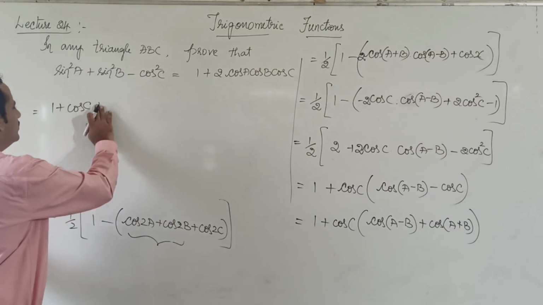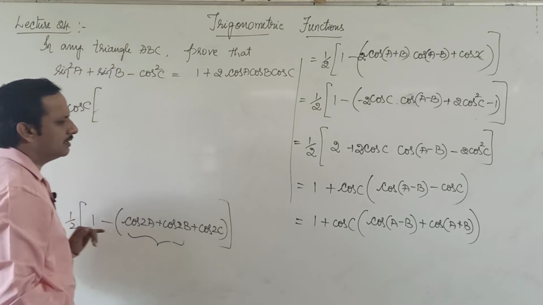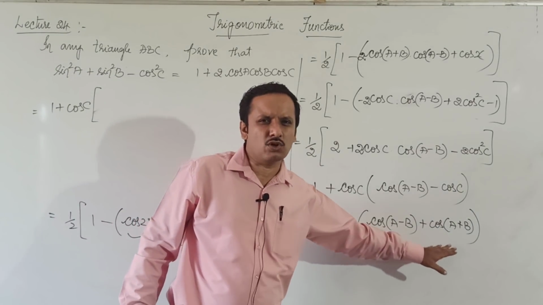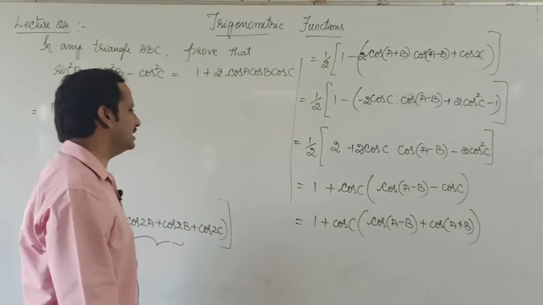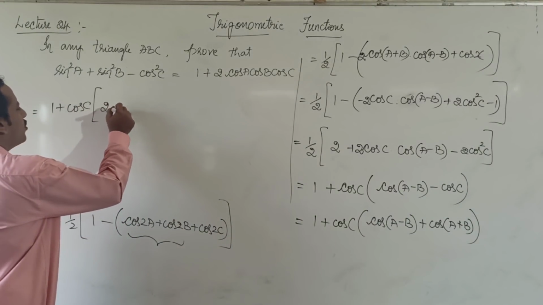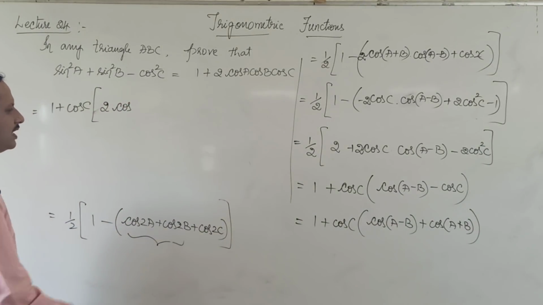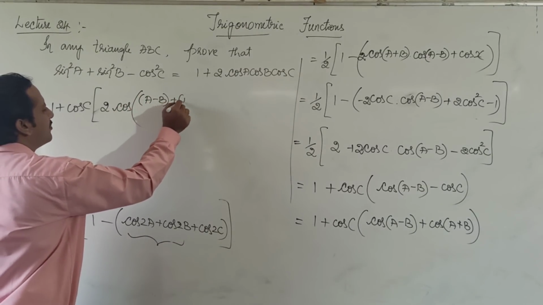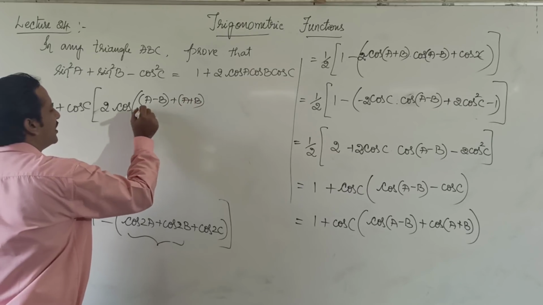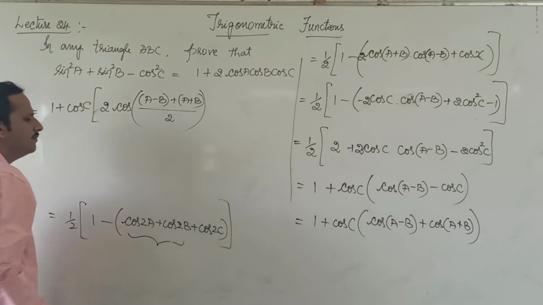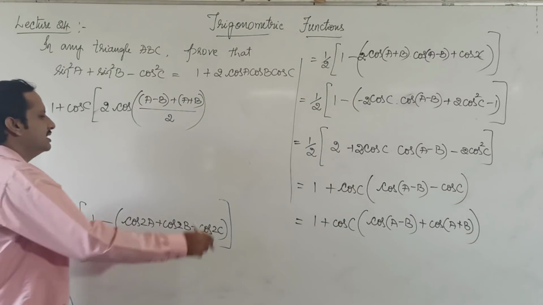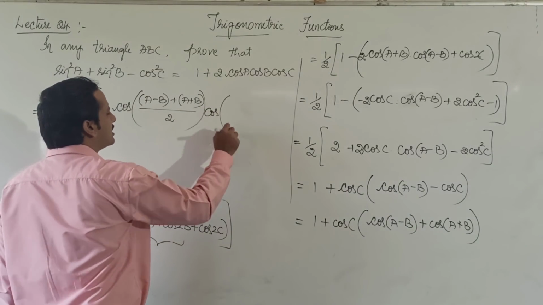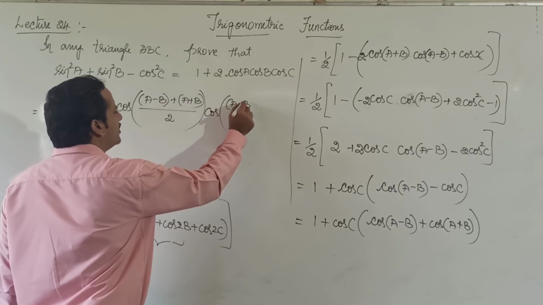Into, this is of the form cos C plus cos D. Cos C plus cos D is equal to 2 cos (C plus D) by 2, that is (A minus B plus A plus B) by 2, into cos (C minus D) by 2.